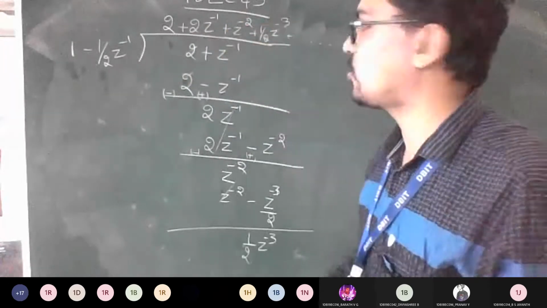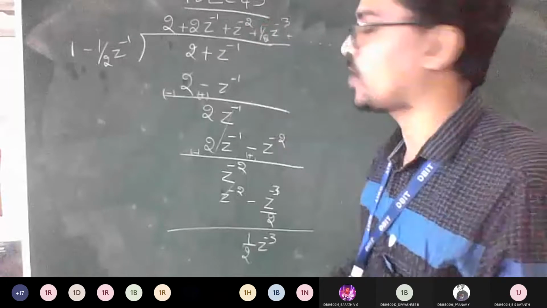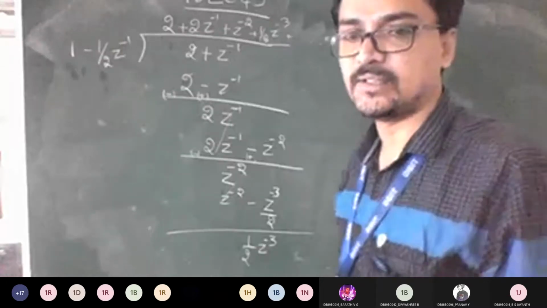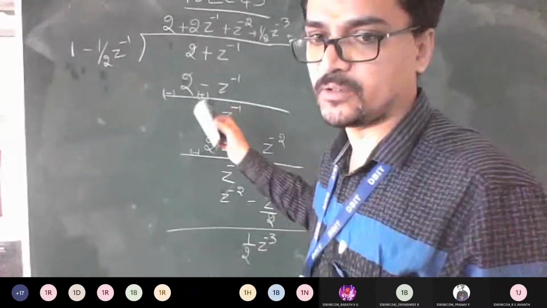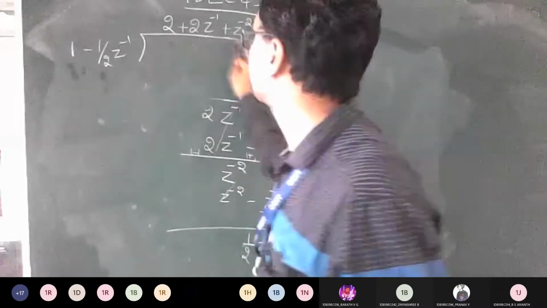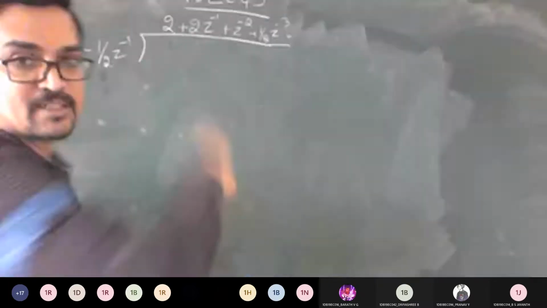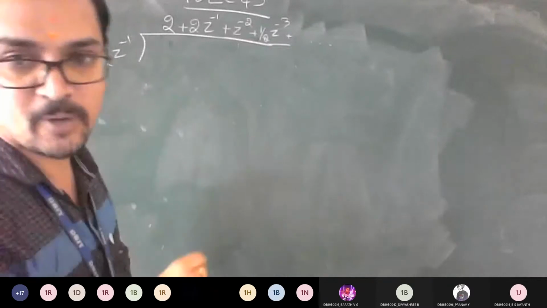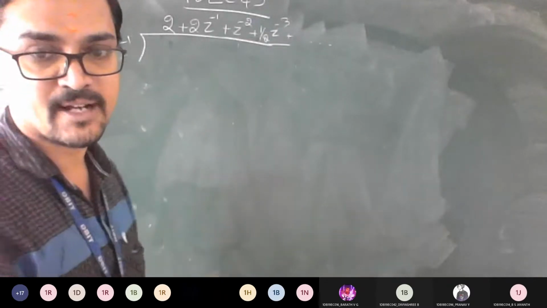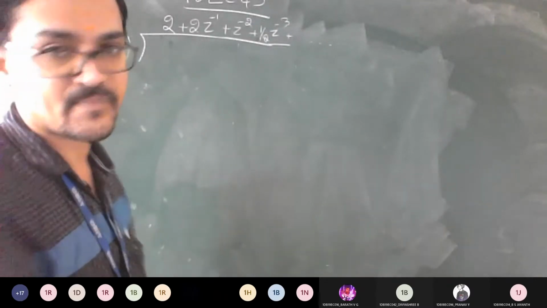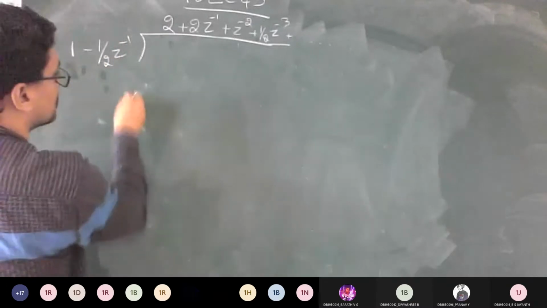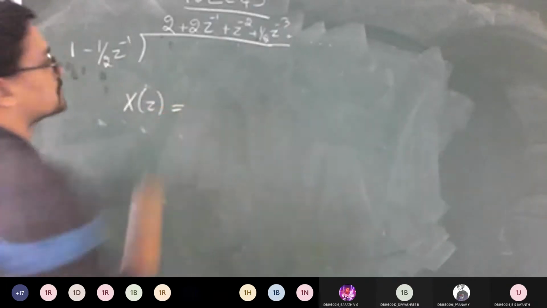So to get that, what should we do? Shall I proceed? So after doing this long division technique, don't end the problem there. Still the problem has not ended. I want to get x of n.